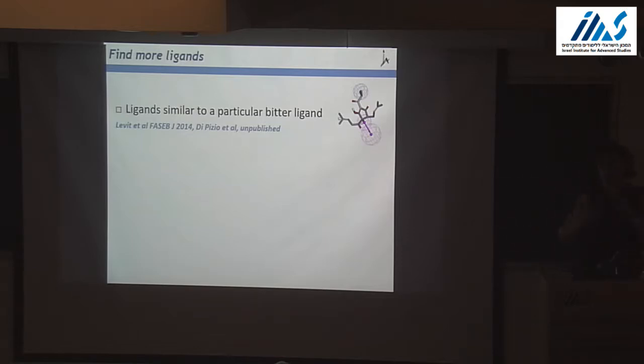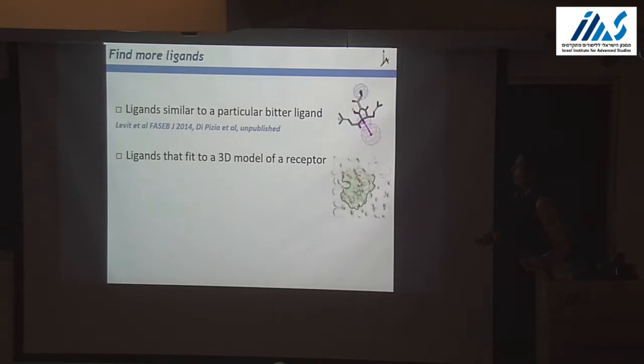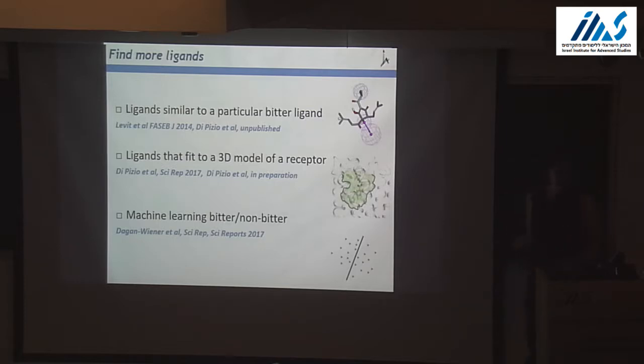A ligand-based approach without knowing anything about the binding site on the receptor. The other approach is to fit ligands into the binding pocket that we have identified before, and see what else can fit in there. And the third one is a machine learning approach, so basically taking a compound, looking at the structure, and then saying if it's going to be bitter or not.